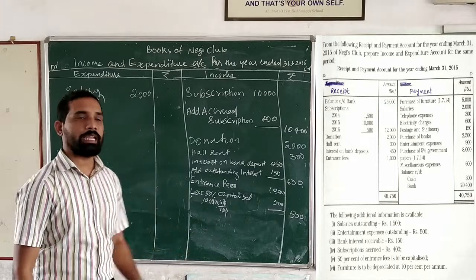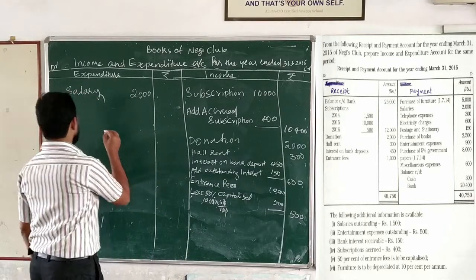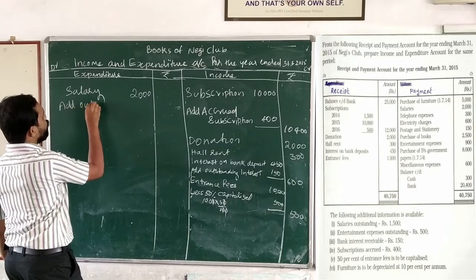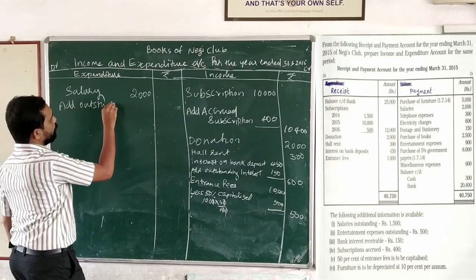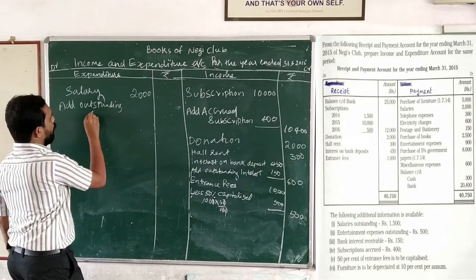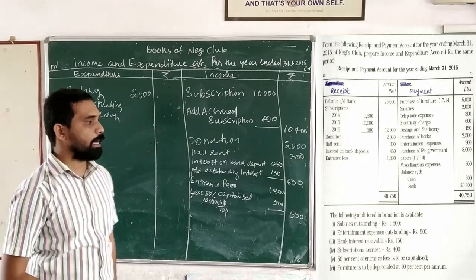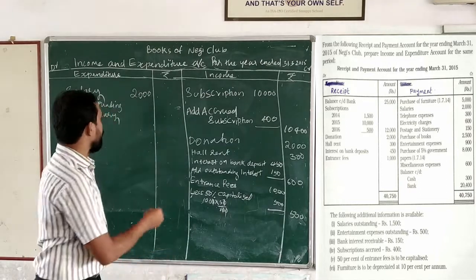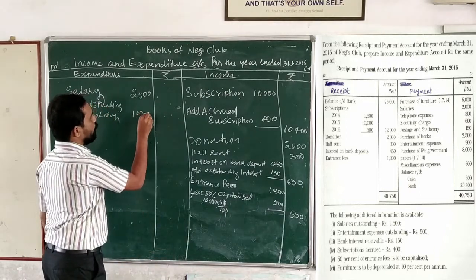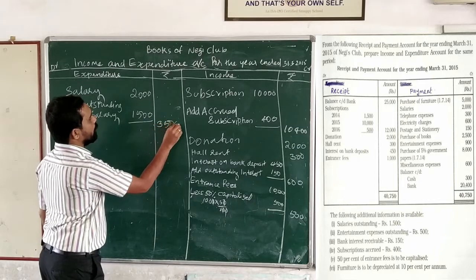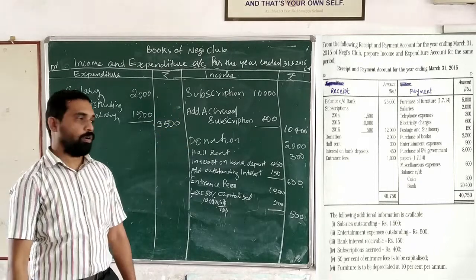So we can add this outstanding salary. Outstanding salary, how much rupees? 1500. So total 3500 in the amount column.